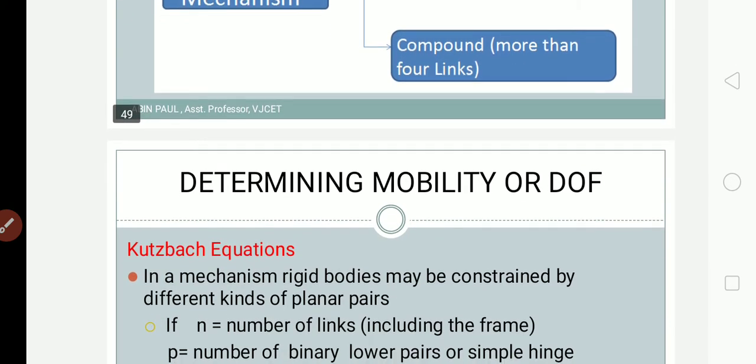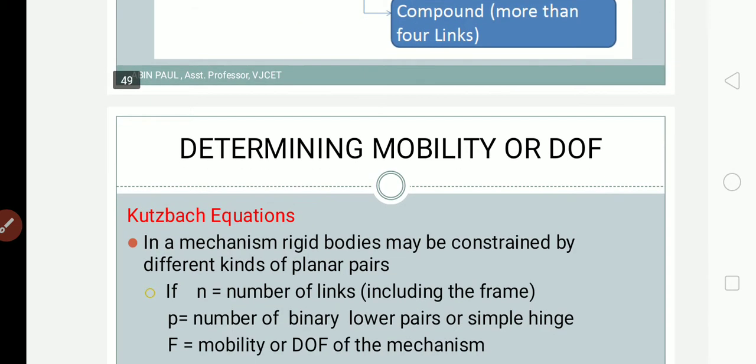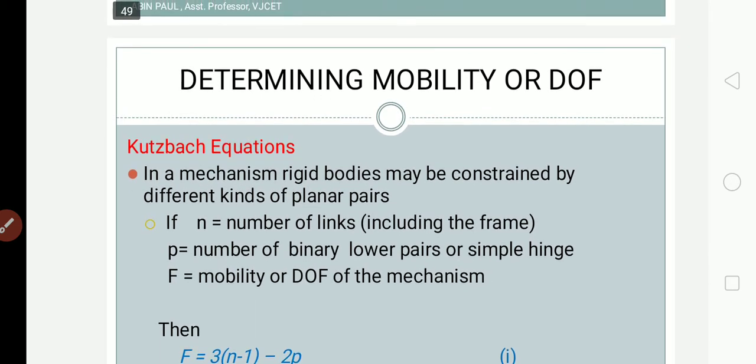Then next we have to determine the mobility or degree of freedom of a mechanism. We already studied what is degree of freedom. I already told you that when a link is independent, it can move in all directions. It can translate along the XYZ directions, and it can rotate about the XYZ axes. That is, it has 6 degrees of freedom if a particular element or link is placed in space.